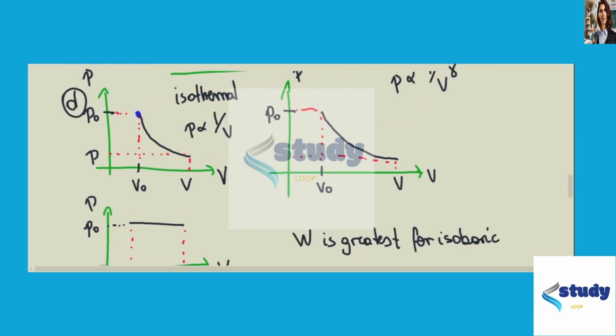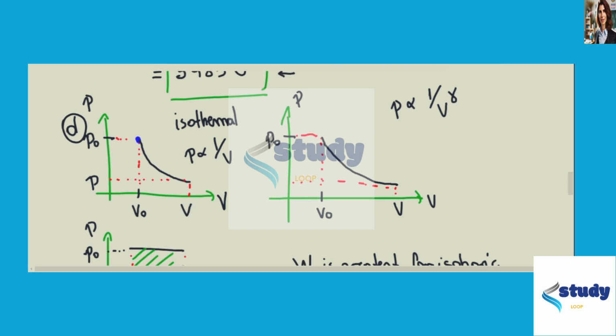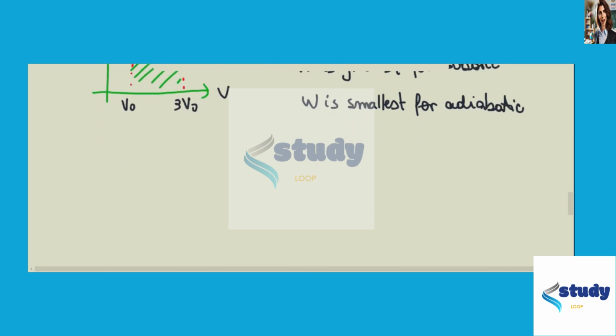And we can easily see that from our drawings. Notice that the area here is visually greater than the area in the other two graphs. And since P depends on 1 over V to the gamma, then the area will be smallest in the adiabatic graph.